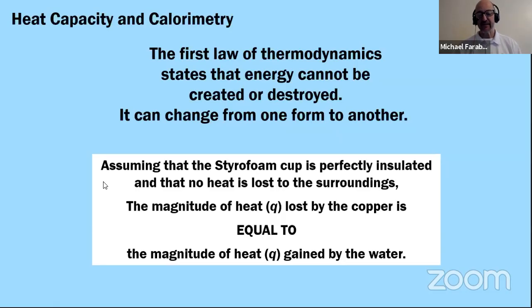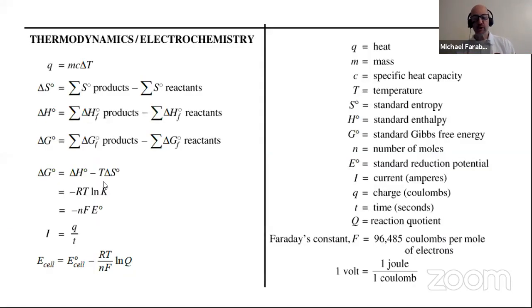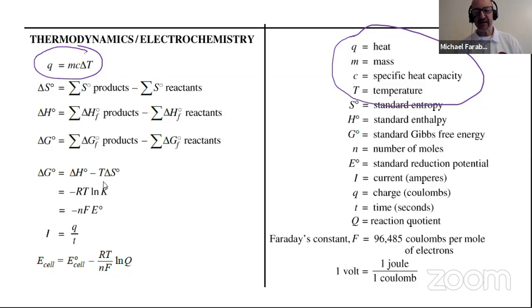Now, how do we calculate this in terms of calorimetry? So on your equation sheet on the AP Chemistry exam, there's lots of equations in this section under thermodynamics, but I'm focusing on this one, which involves heat, M for mass, C for something called the specific heat capacity, and then T for temperature. Let's think about what exactly is the specific heat capacity, and let's talk about units.